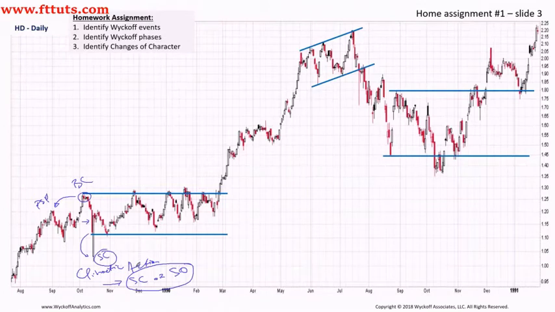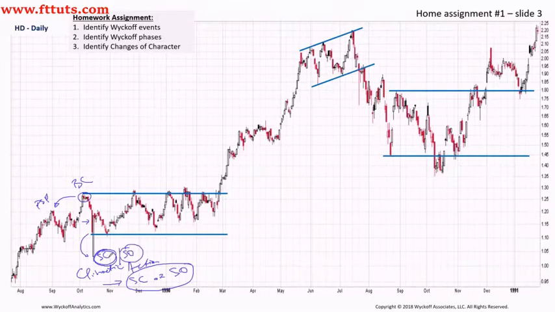Then what would the labeling be after that? After that, the price is expected to go and test the area where the resistance is established, near the buying climax. But think about this. We're discussing a selling climax, climactic action, or a shakeout. So either labeling would be okay here.